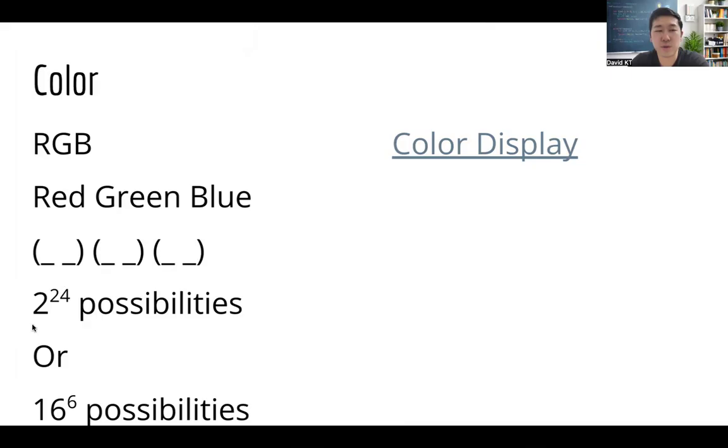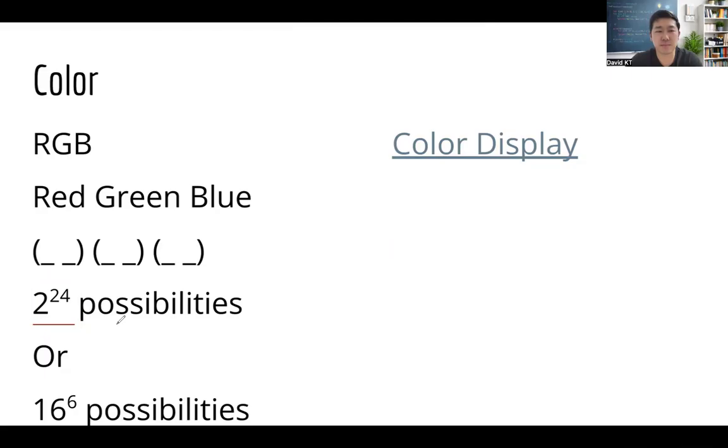If you're wondering why 2 to the 24th, it's because 2 to the 4th power gives you 16. And 16 to the 6th power gives you the answer to this. So anyway, that's where these numbers came from.